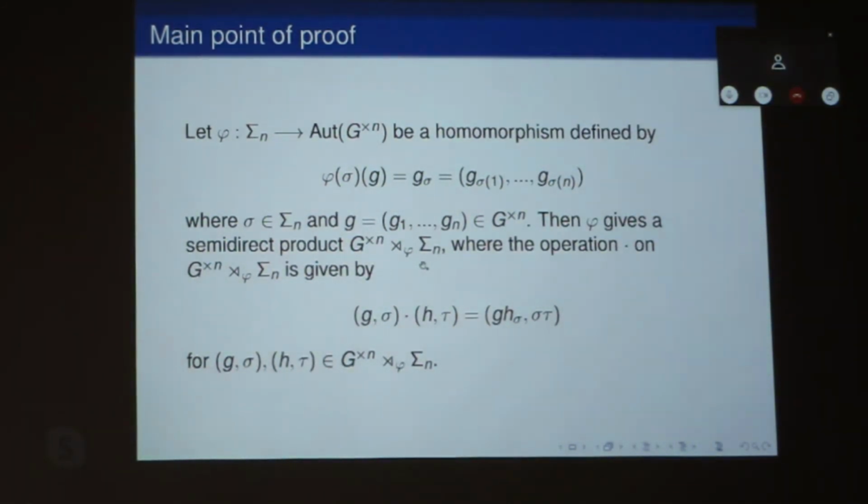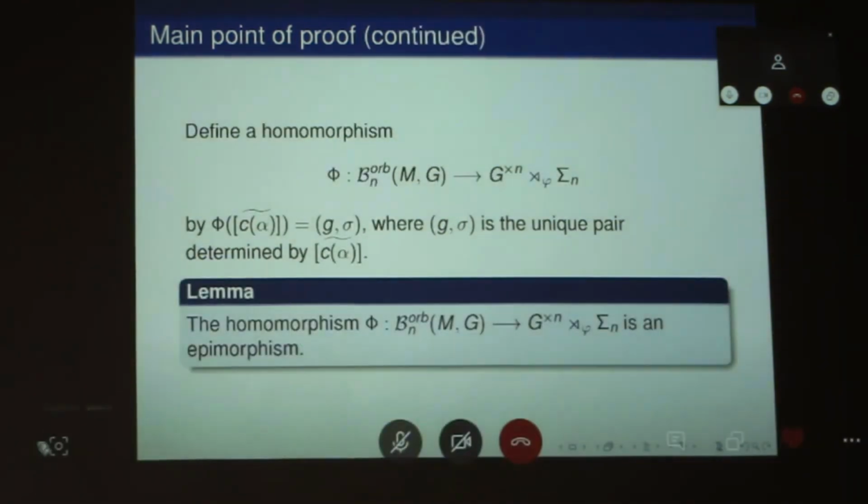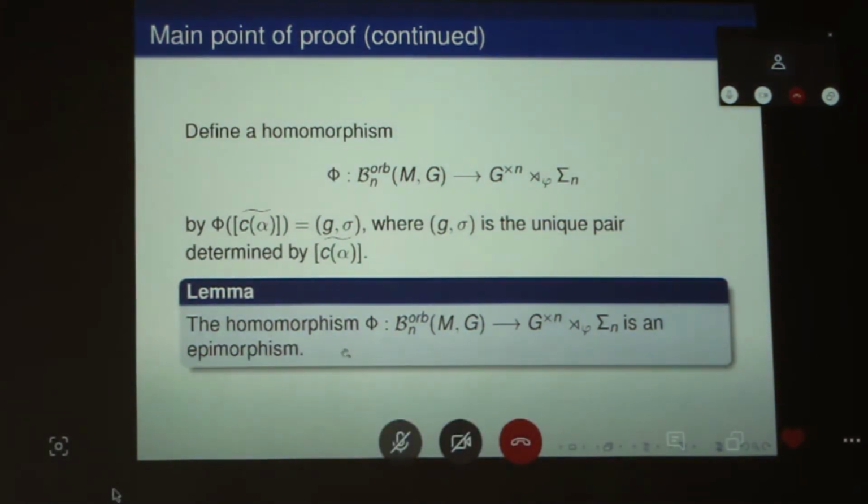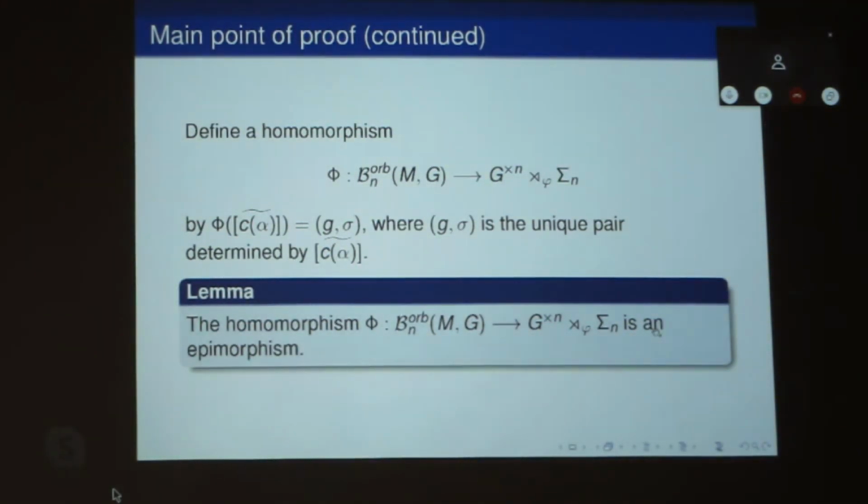And then we can define this homomorphism. For each class, we know each class can determine a unique pair, and we can get this homomorphism. And we show in this lemma that this homomorphism is surjective. Using that, we can show the main results.